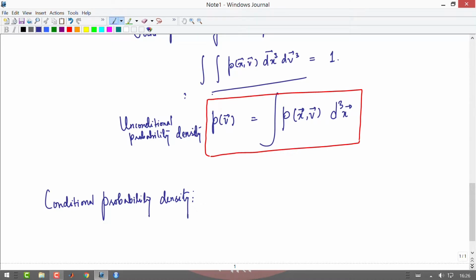Now, here you are not saying that I don't care about the remaining subset of the random variables. If you want information on x, you are also fixing the information on v, and vice versa.